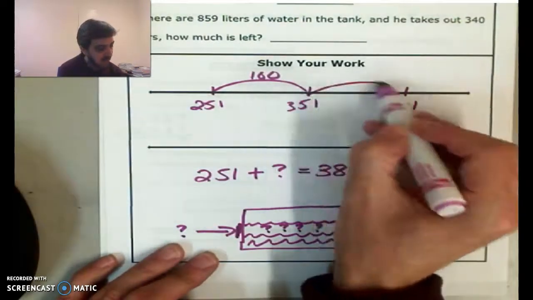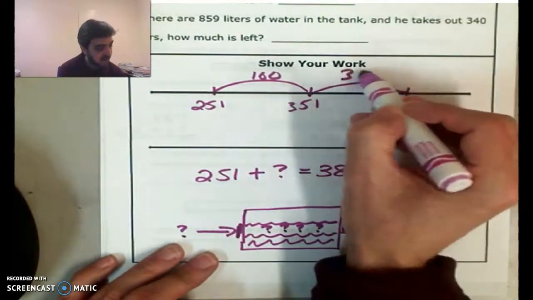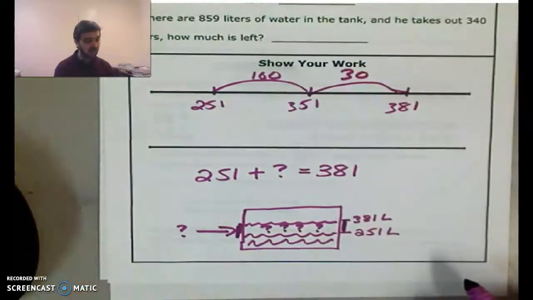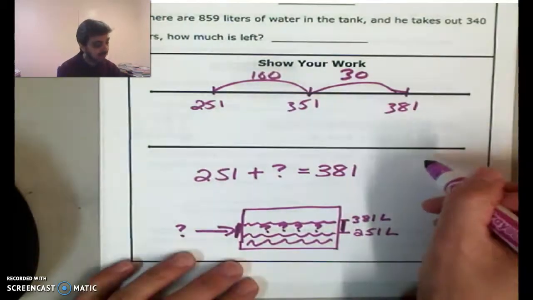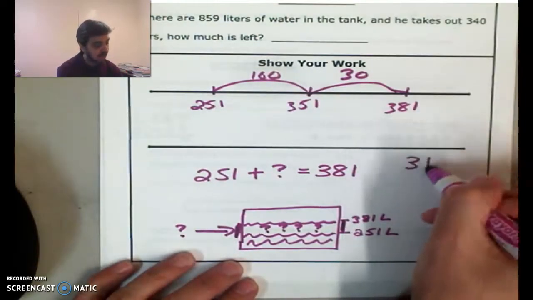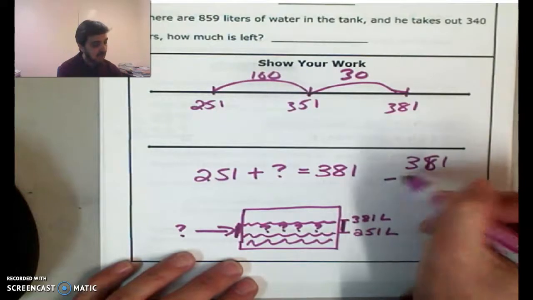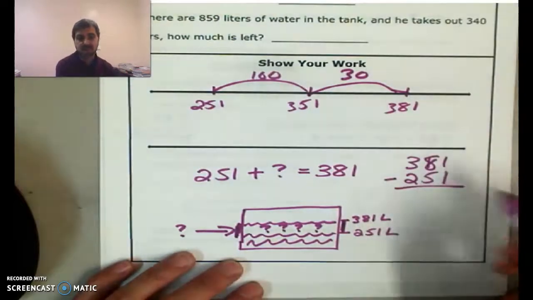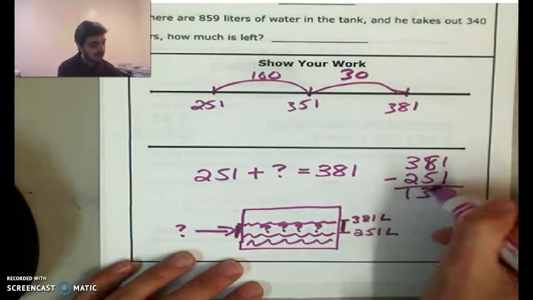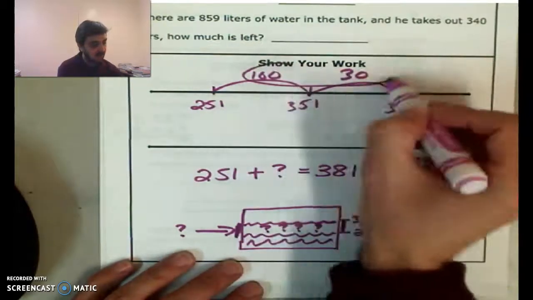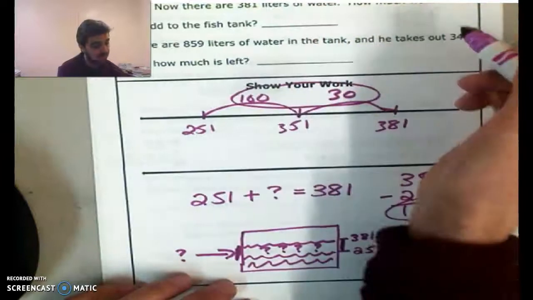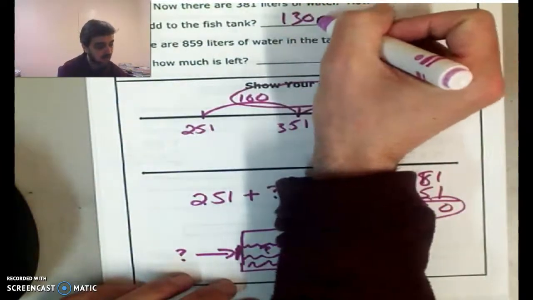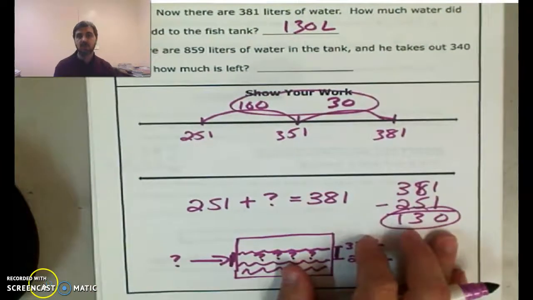So if I just hop another 30, there's my answer, 130. Or you could have done it as 381 take away 251, which is another way of showing difference, and you get the same answer. He must have added 130 liters of water.